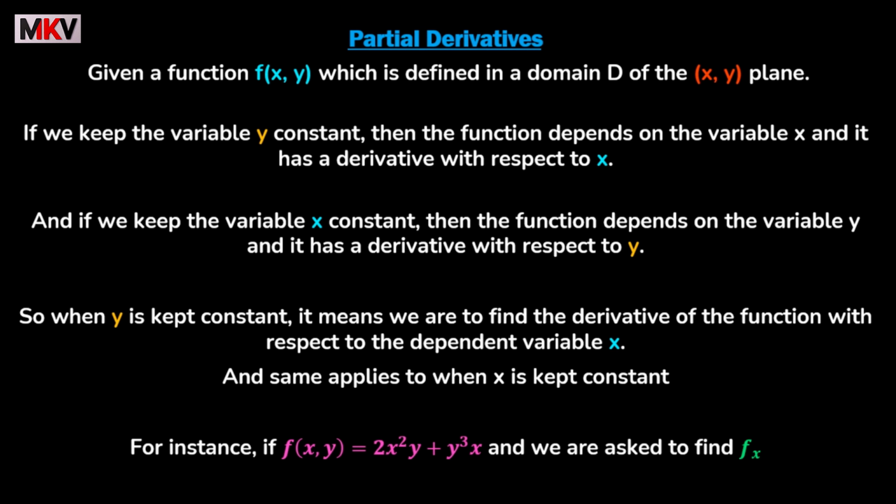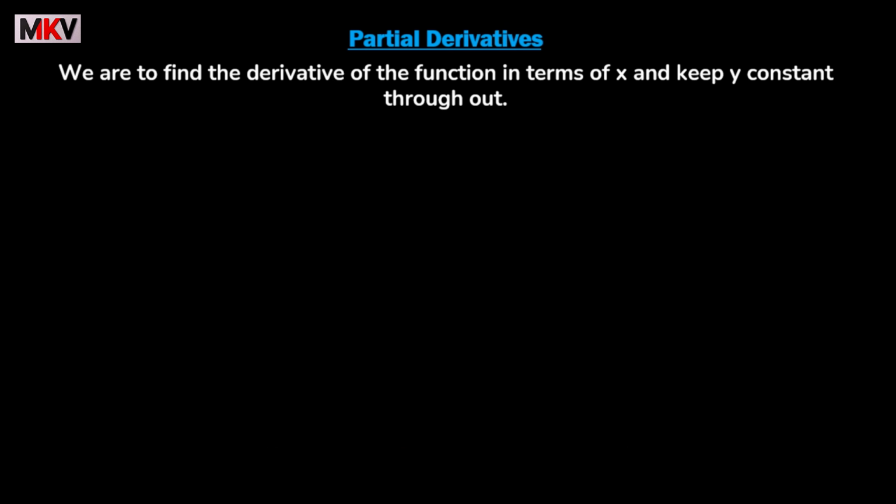So for instance, if we have f of x y equal to 2x squared y plus y cubed x, and we're asked to find f sub x. If you have this function and you're asked to find f sub x, let's look at how we keep y constant and differentiate the x in the function. So we find the derivative of the function in terms of x and keep y constant throughout.